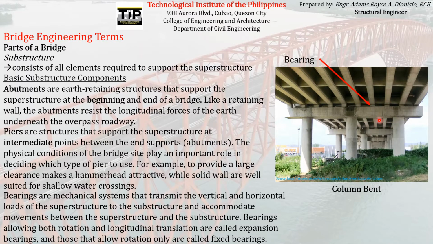Another purpose of putting a bearing is to accommodate movements between the superstructure and the substructure, so that whenever there is a relative movement between them, there is no additional stress generated at the interface of the superstructure and the substructure.